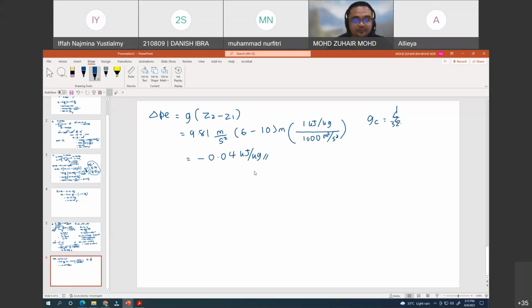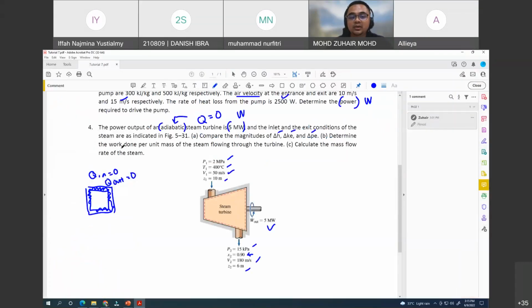Okay, so now we have these three. The question asks: determine the work done per unit mass of the steam flowing through the turbine. Well, actually the work done is already stated, 5 megawatt. But it wants us to have it in kilojoule per kg.